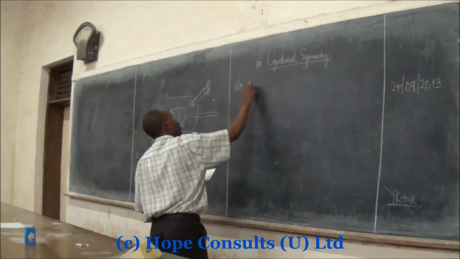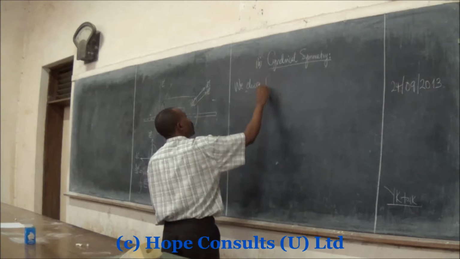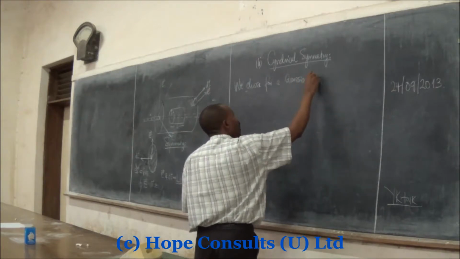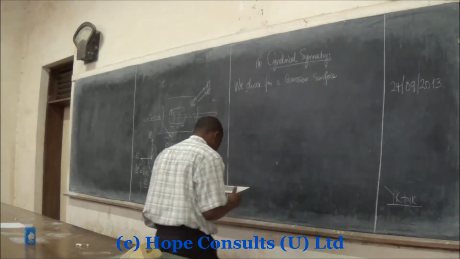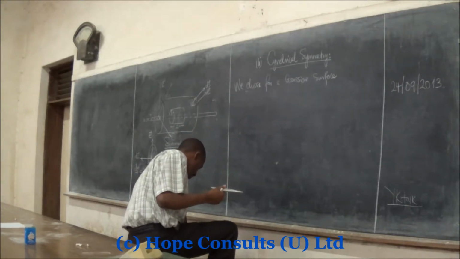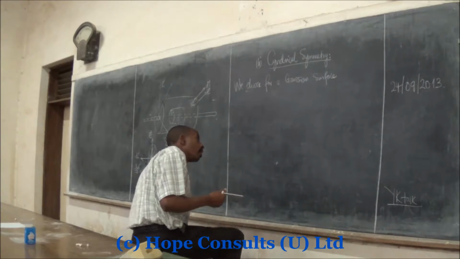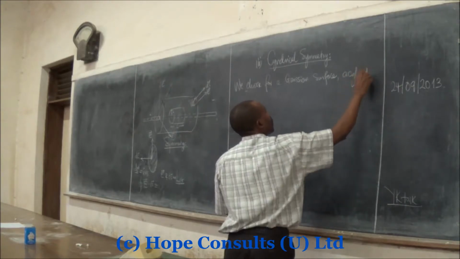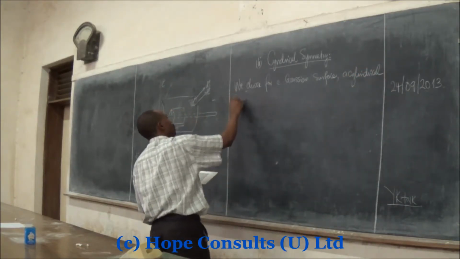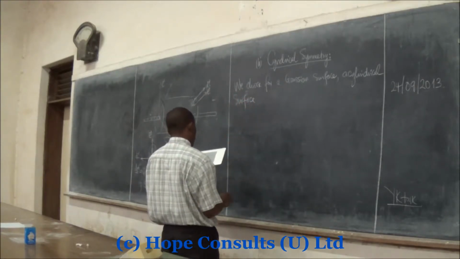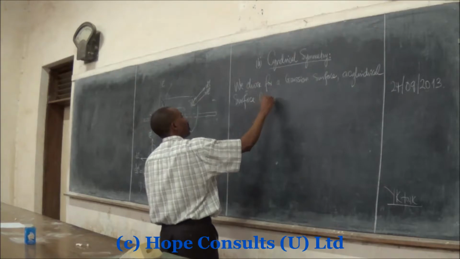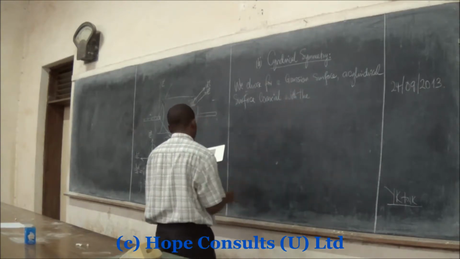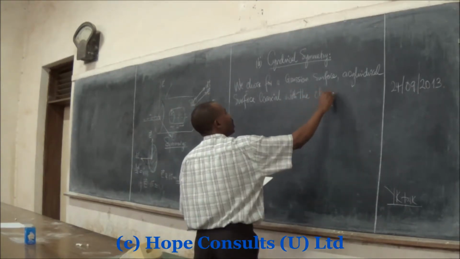So we choose for a Gaussian surface a cylindrical surface, coaxial, sharing the same axis with the charge distribution.